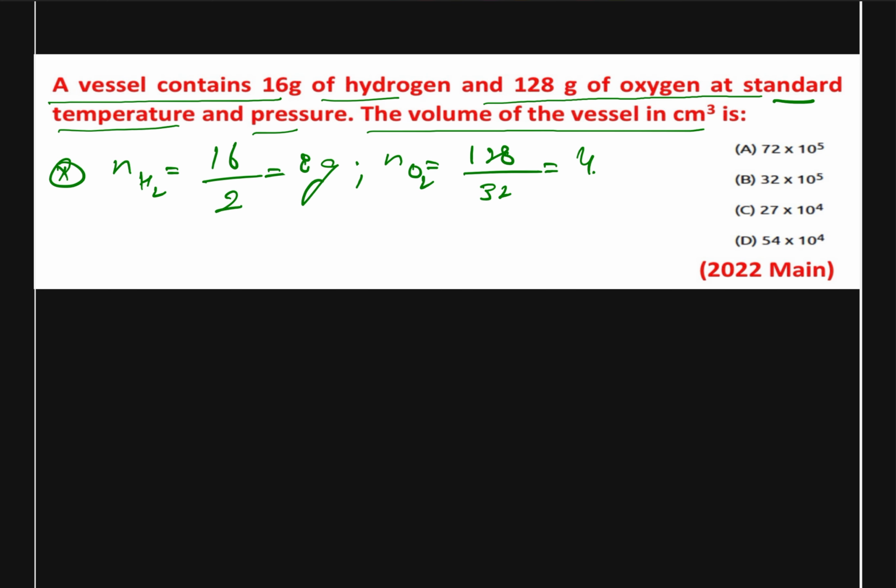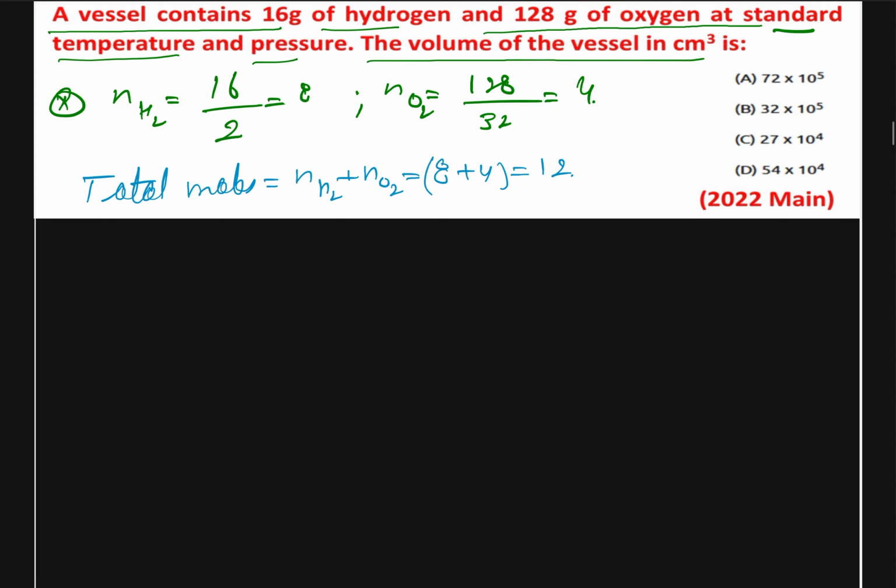Therefore, total moles will be equal to the number of moles of hydrogen plus the number of moles of oxygen, which is 8 plus 4, giving us 12, and we are given STP.